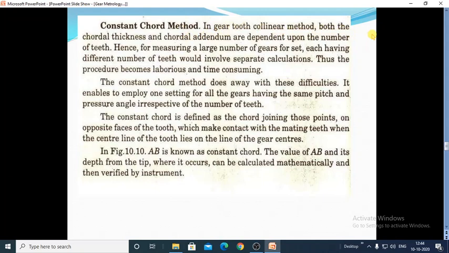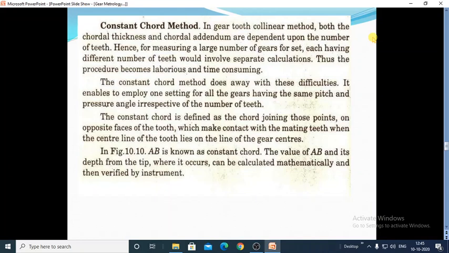Hence, measuring a large set of gears, each having a different number of teeth, would involve separate calculations. Thus, the procedure becomes laborious and time consuming. The constant chord method does away with these difficulties. It enables one setting for all the gears having the same pitch and pressure angle, irrespective of the number of teeth.